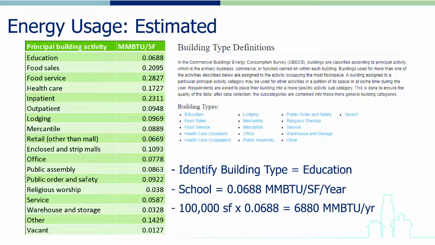The table shown here is a compilation of this type of data for the most common building types included in most community microgrids. By way of example for this calculation, for a 100,000 square foot school, the calculation would be 100,000 square feet times 0.0688, which equals 6,880 MMBTUs per year.